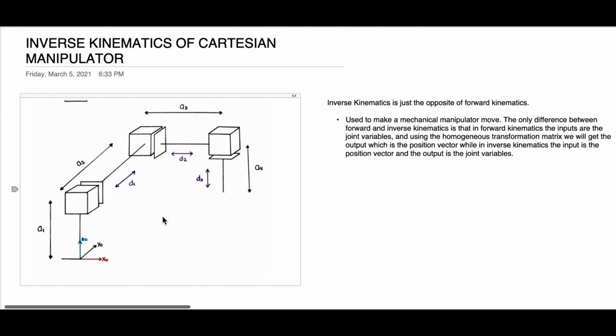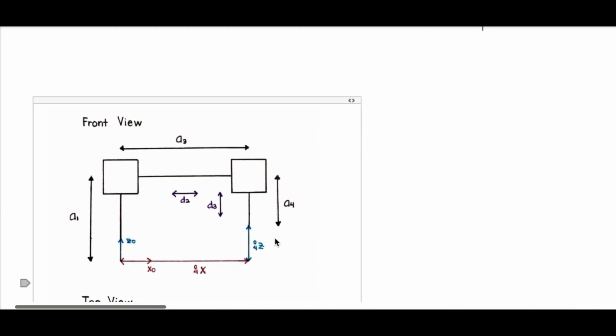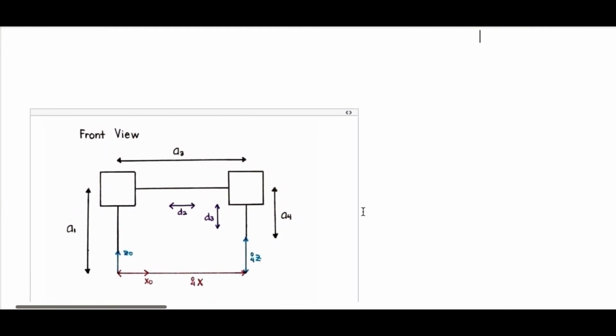As we can see, this is our Cartesian manipulator, and we will redraw our Cartesian manipulator with only its base frame. Let us first redraw its front view. In this Cartesian manipulator, at the end effector along the z sub 0 axis, we have the value of z04, while in the horizontal is the value of x04.